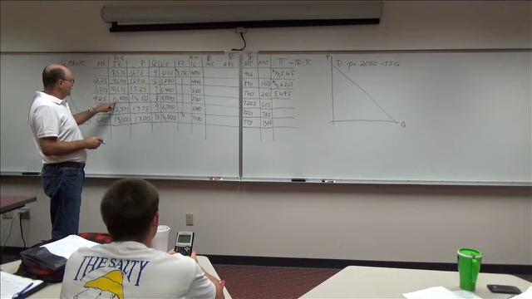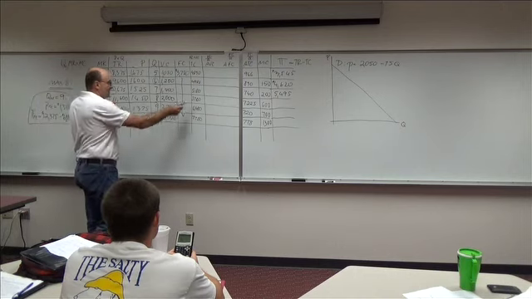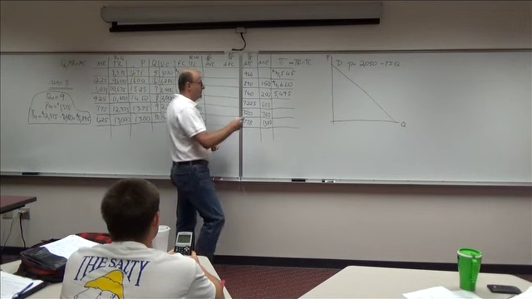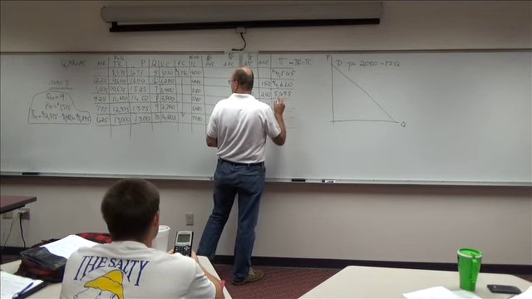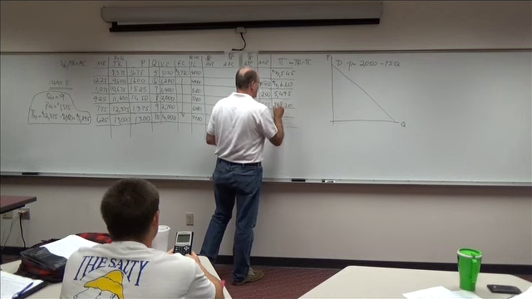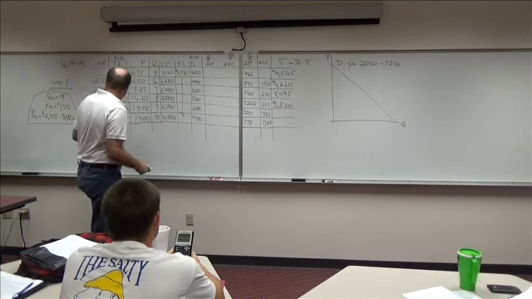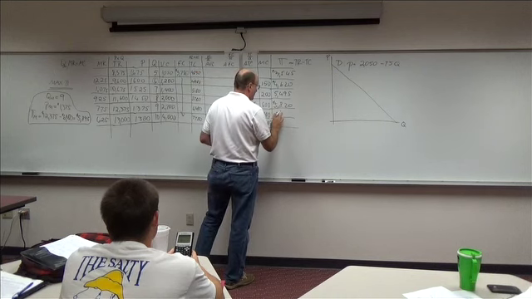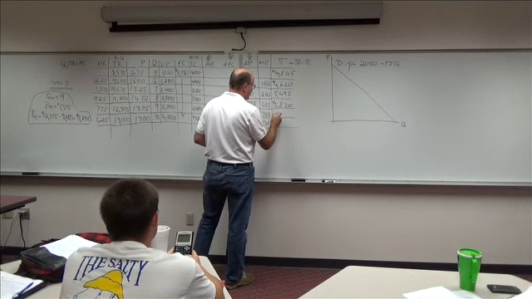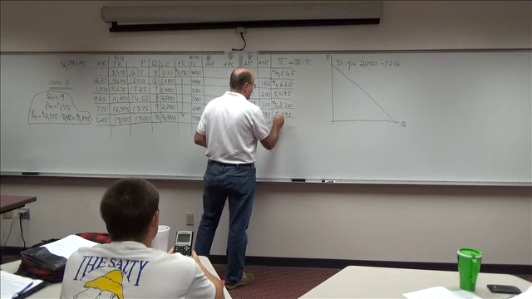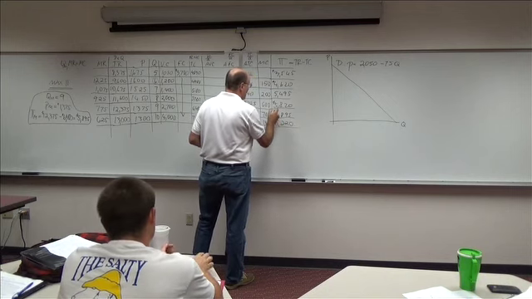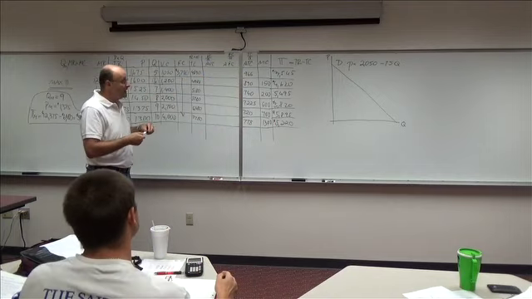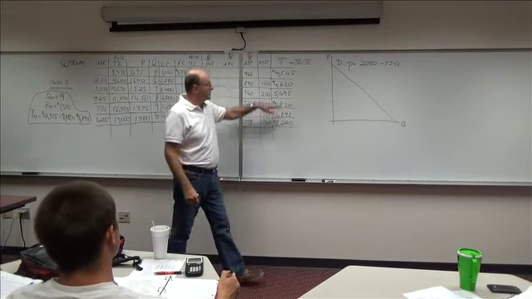Is that 57.80 for total cost? Yes, 57.80. 58.20. 58.95. And 52.20. So now we have profit for every quantity.